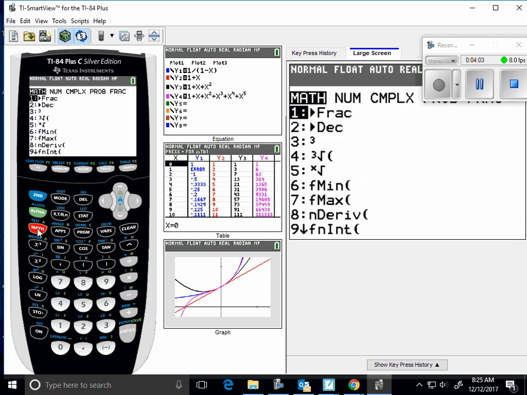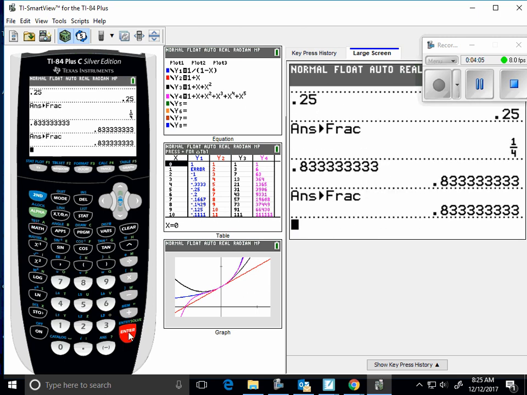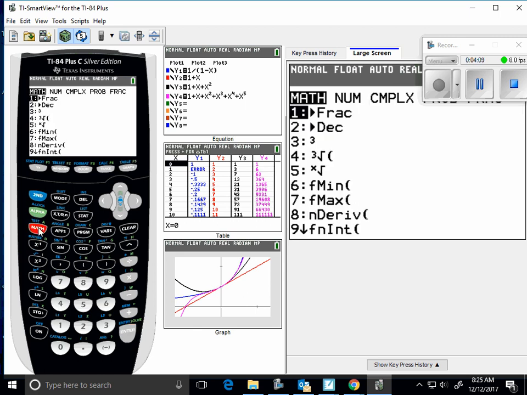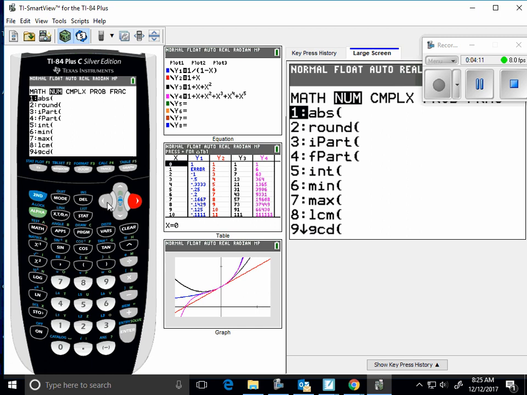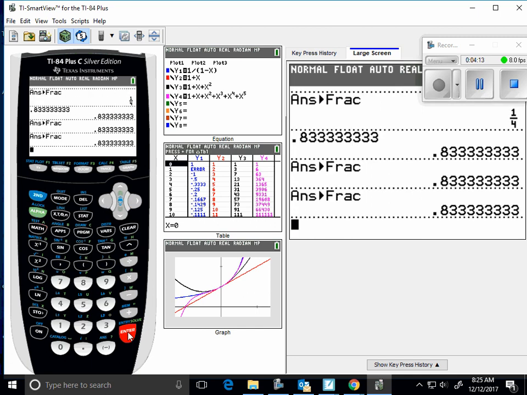You are an 83.3 repeating percentage free throw shooter. Boom. Fraction. Math. Frac. Oops. I didn't mean that. Why isn't it giving me a fraction? What did I just do? I goofed something up. Okay, so it's 5/6. But your calculator can do that shortcut for you, in case you're wondering.